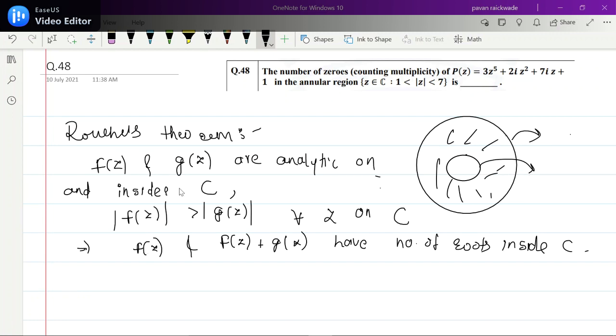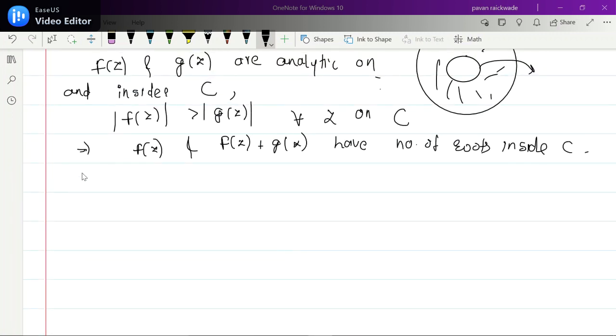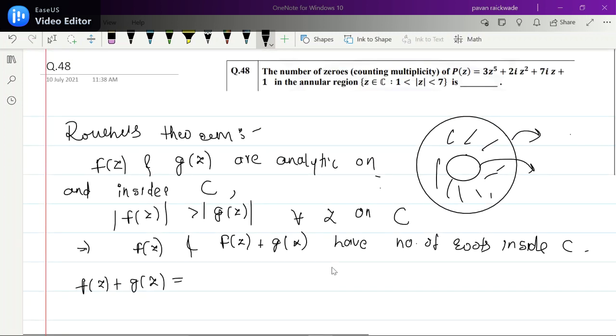So for the first time, my original P, which is simply f(z) + g(z), is 3z^5 + 2iz^2 + 7iz + 1.